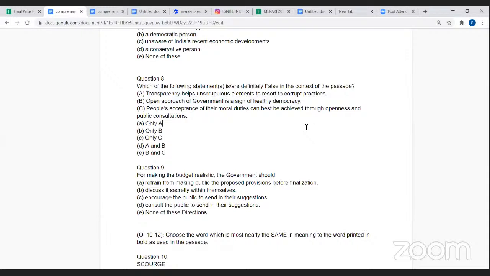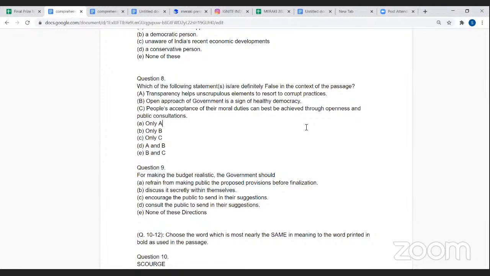What does that mean? What is unscrupulous? Basically, without any morality. Resort.